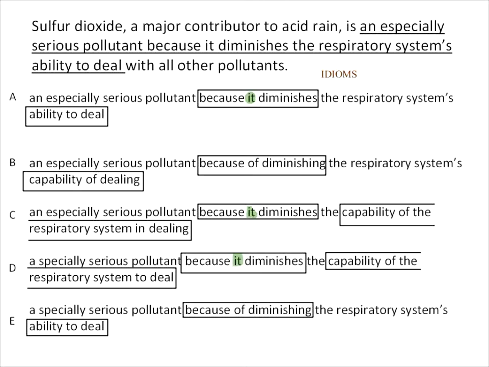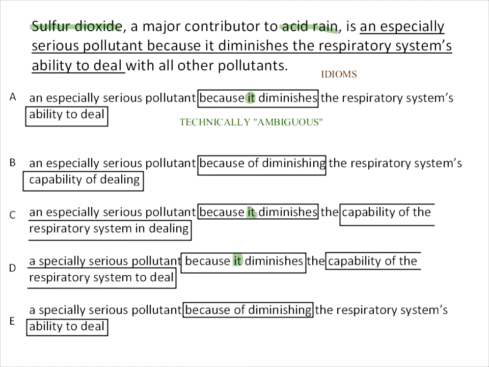Because technically, this is an ambiguous pronoun, because there are two possible antecedents that match it in number. Okay, we have sulfur dioxide and we have acid rain.